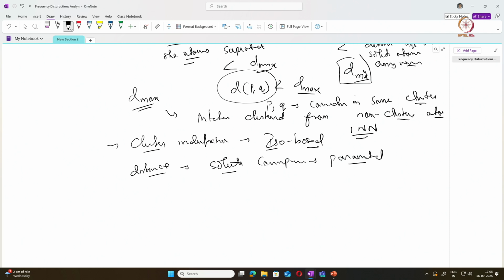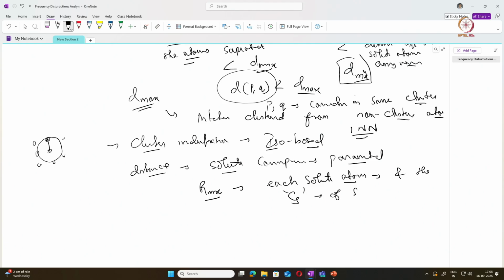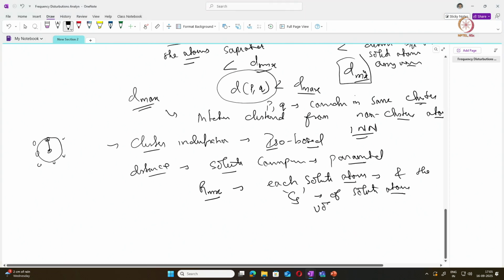In the earlier method a sphere of radius D max is constructed, but in this case a sphere of radius R max is constructed around each solute atom, and the concentration CS of solute atoms inside the volume of that particular R max is measured.